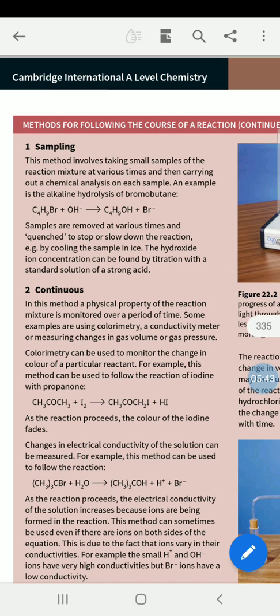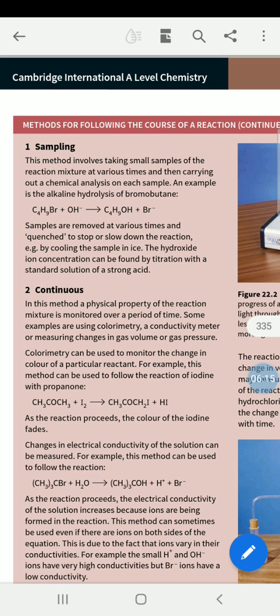Then leave a line and write. If ions are present in the chemical reaction, the conductivity will change as the reaction progresses.